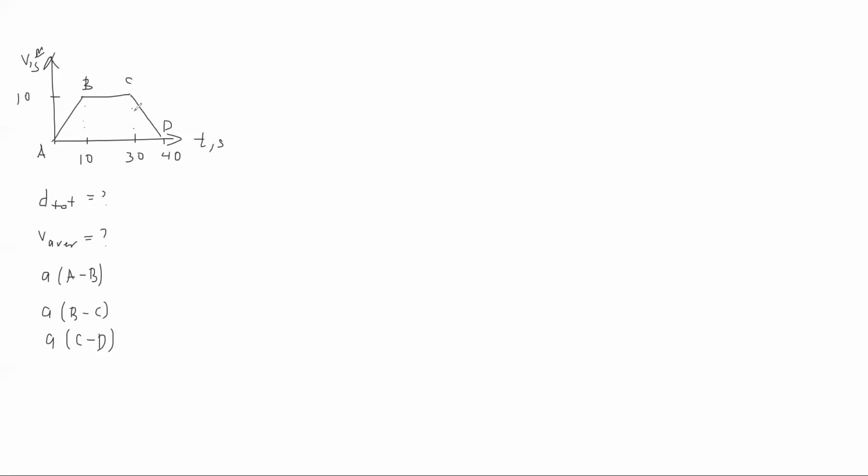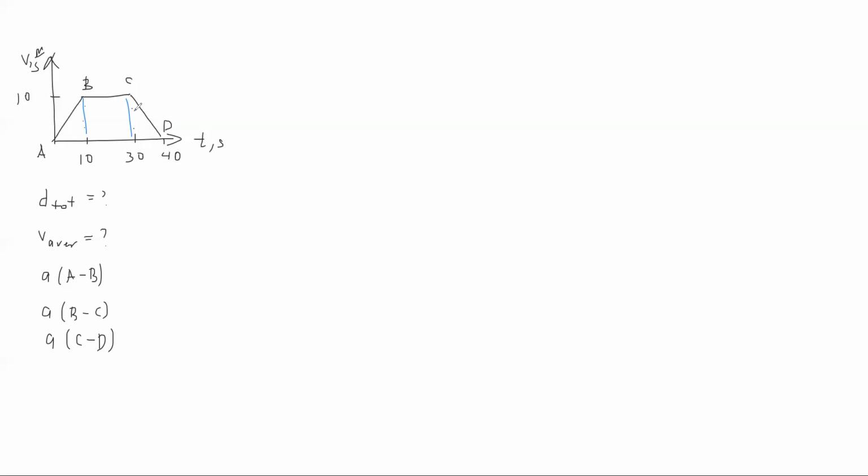So like triangle, triangle, and rectangle. That could be an option. So displacement is the area under, usually we say under the velocity versus time graph or curve, between the time axis and then that curve or line, whatever.